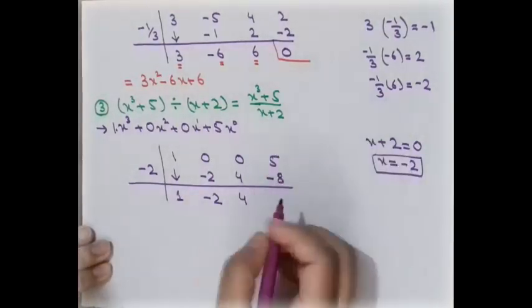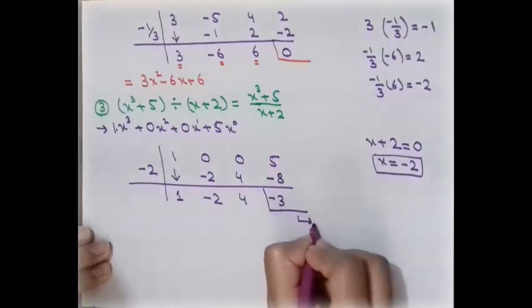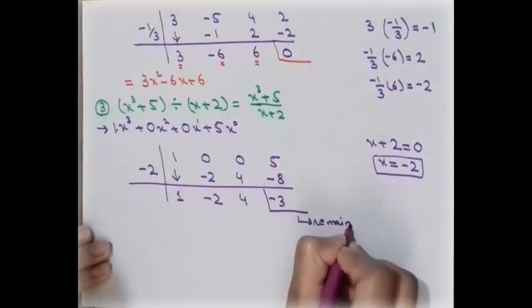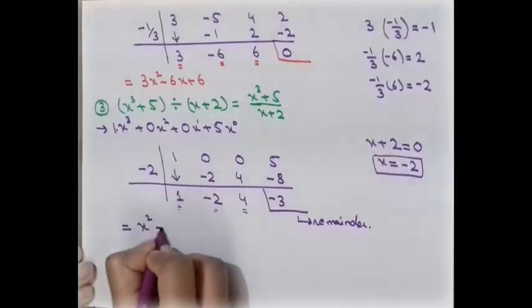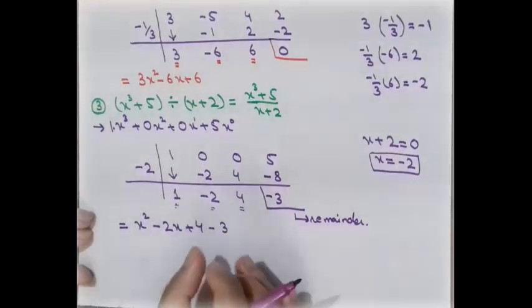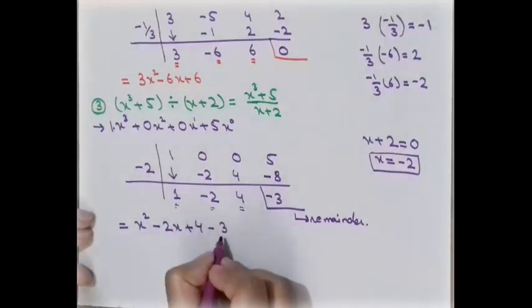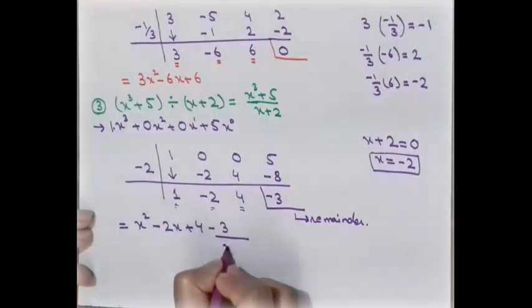Now add these two numbers, we will get minus 3, and this is the remainder. So we will write it as x square minus 2x plus 4, minus 3 divided by the divisor of this question, which is x plus 2.